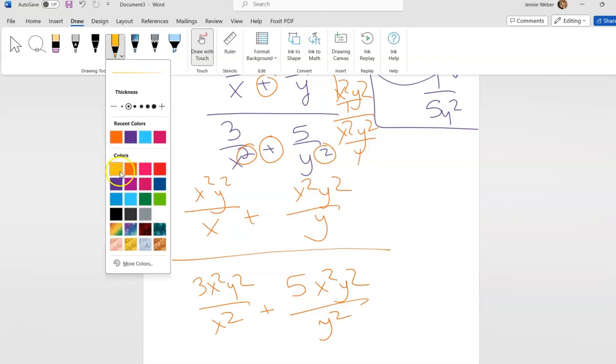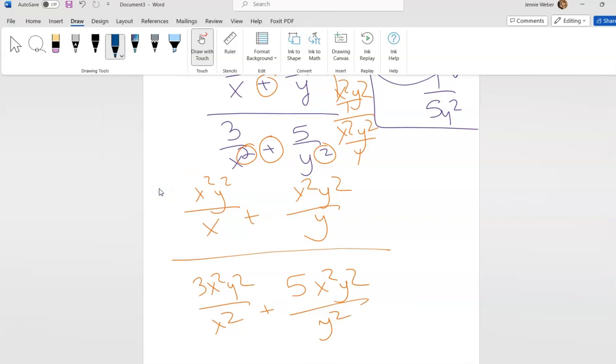Now I'm going to go through and do some cancellations here. So what comes here? Well, I can apply my quotient rule. So then I get x y squared. Then here, quotient rule again, but x squared y. Then down here, this and this completely cancel. So 3y squared plus 5x squared.